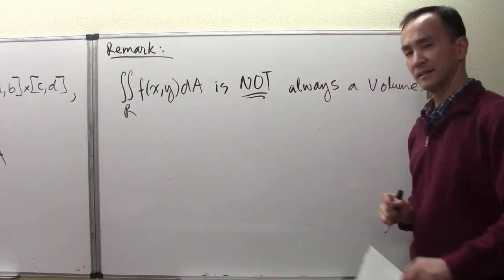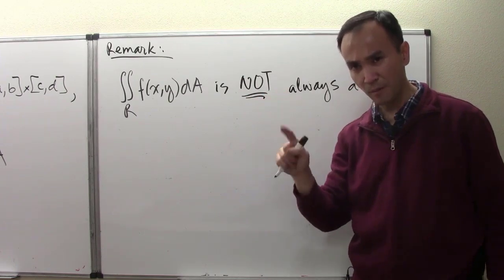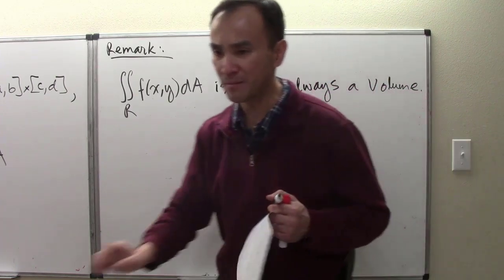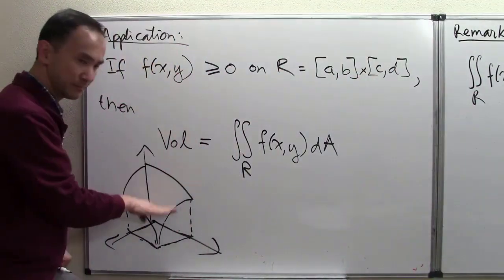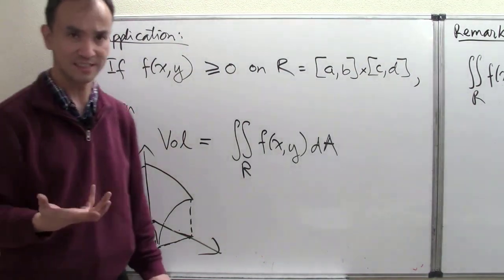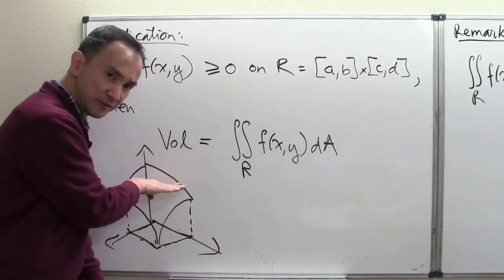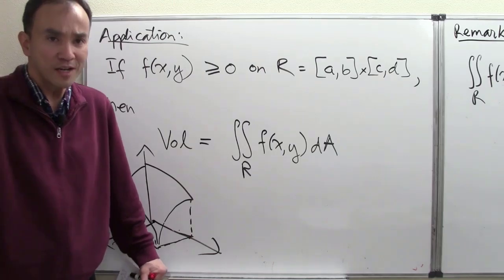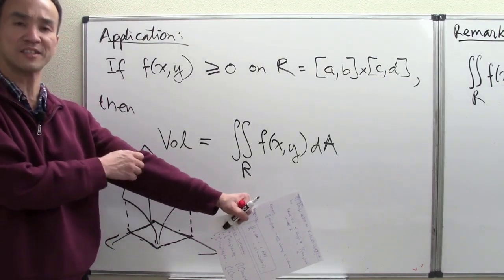Yes, I used that term earlier, but it was just one among the applications. When we meet the requirements, when the function is a surface above the x and y floor, then yes, doing a double integral gives us the volume between the surface, the floor, and inside of the region. But that's just one among the applications out there. It's not always going to give us volume.